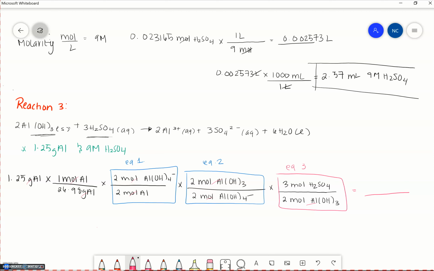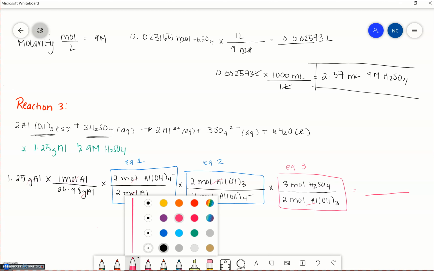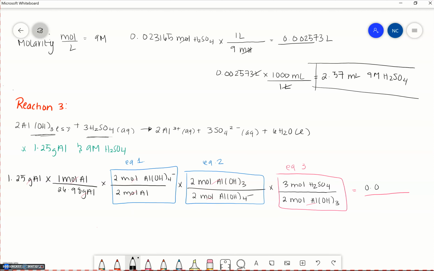So when you do that, the answer you should get is 0.06949 moles of the sulfuric acid, which is H2SO4.